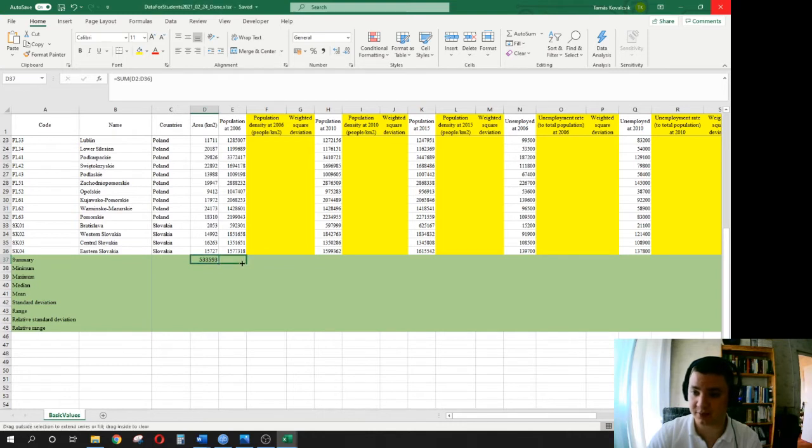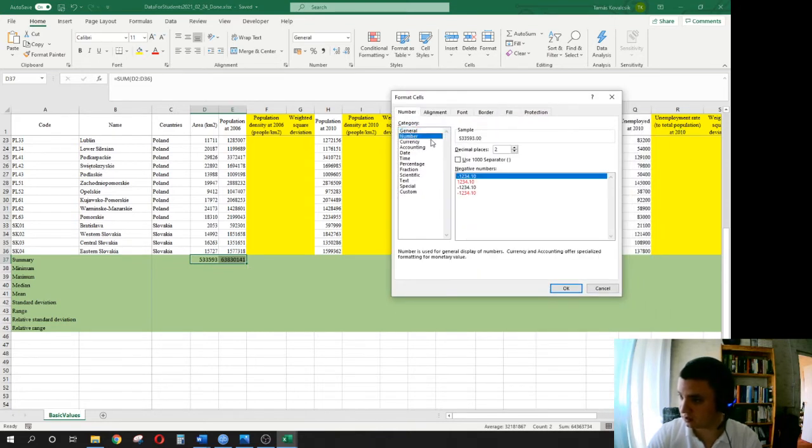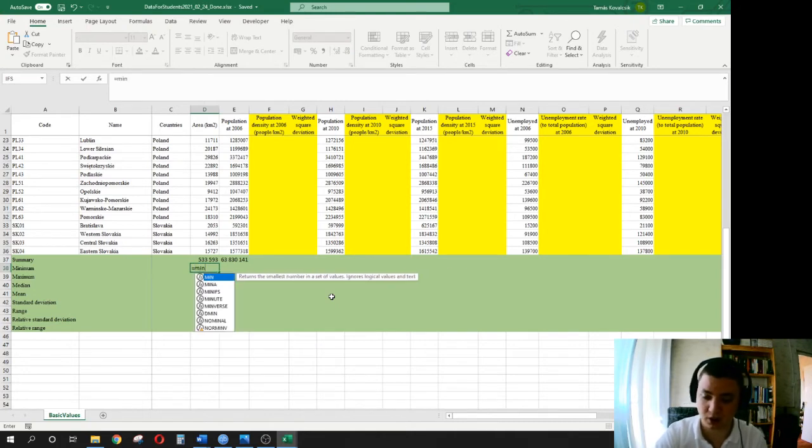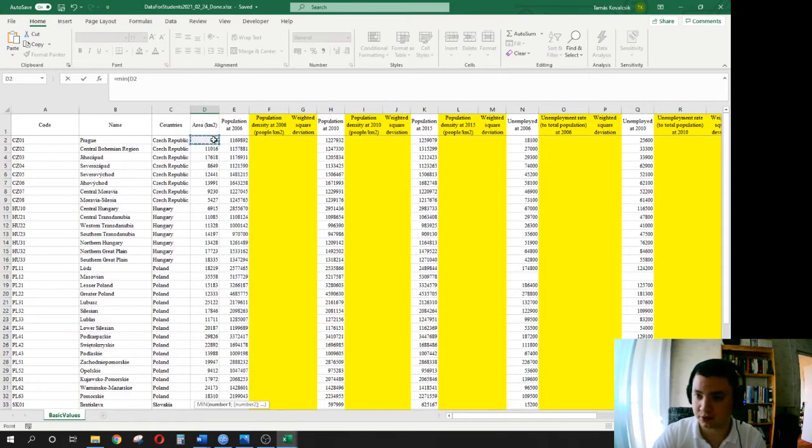And if you just drag to the left-hand side, we have all of the population in the observational area. If you want to see a better form, you can use the thousand separator. Okay, we have 63 million people in the Visegrad 4 countries. In Excel we also have a minimum formula and minimum function.